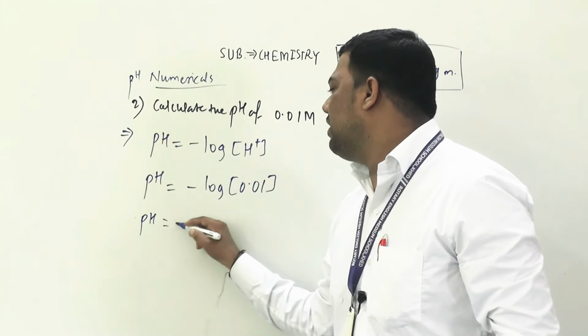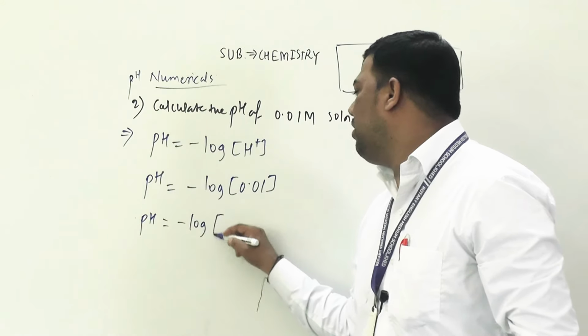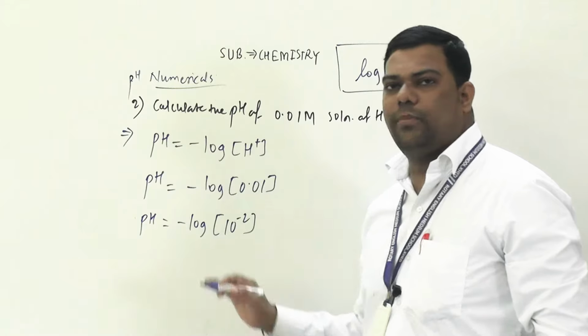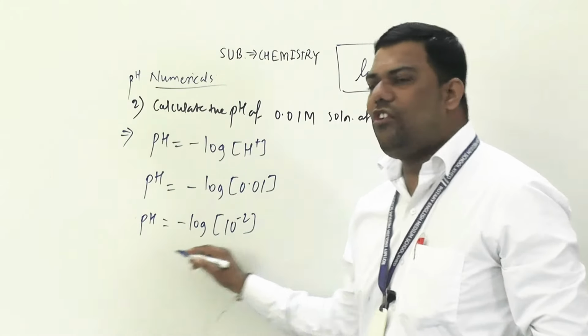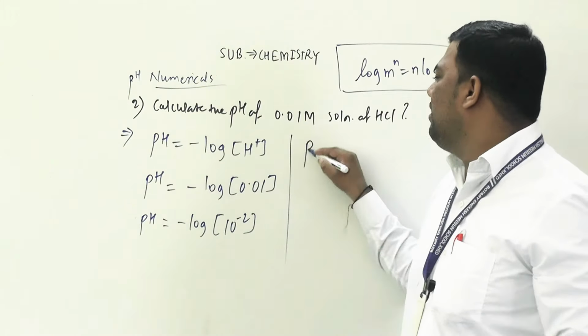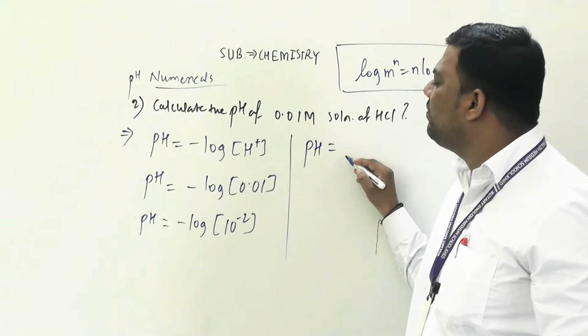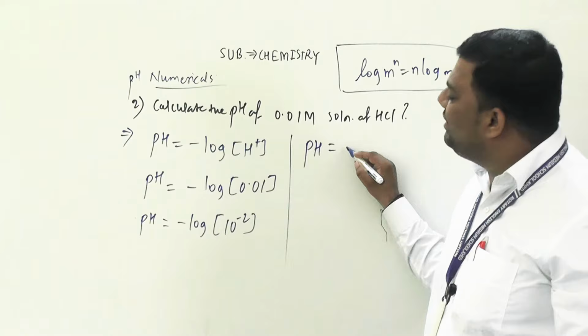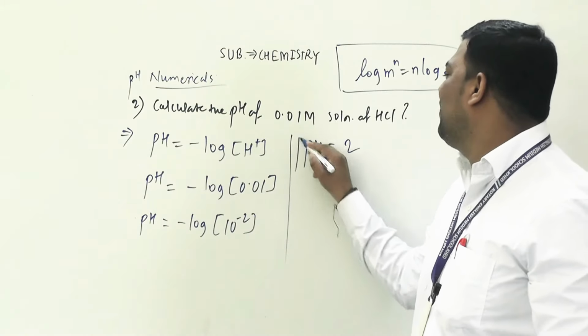So pH is equal to negative logarithm of 10 raised to minus 2. Minus minus plus, and log base 10 of 10 is 1, so pH is equal to 2. Understood?